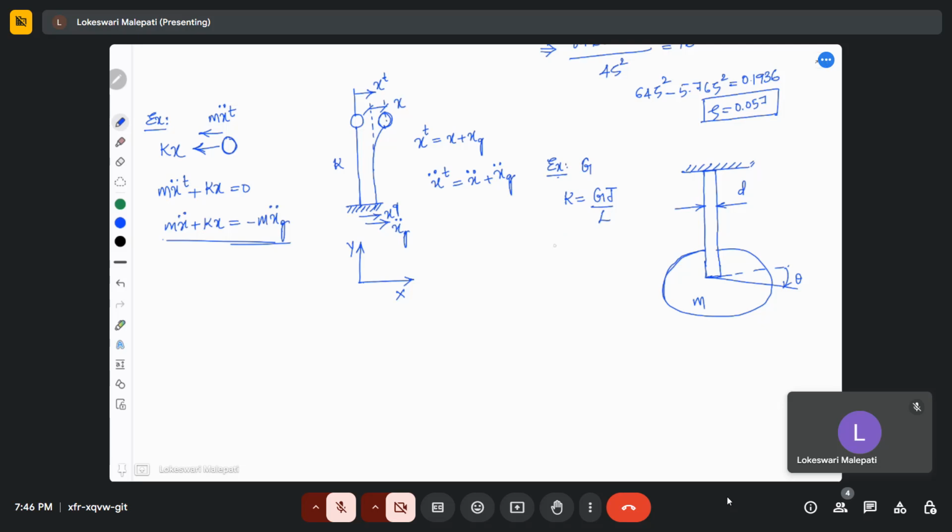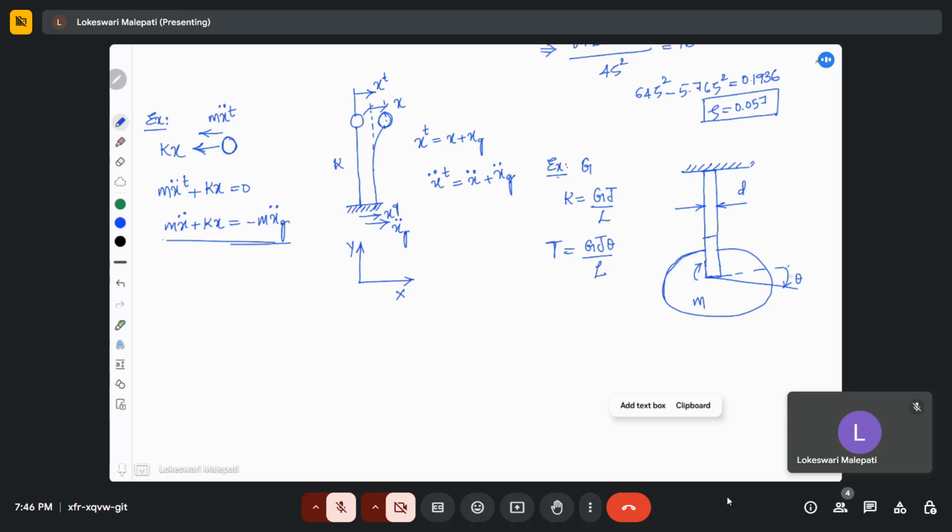Let's say that we are giving an initial rotation of theta in this direction. There will be a counter torque applied on this mass that is generated from this rod. So this torque will be equal to GJ theta by L, where J is the moment of inertia for this rod.